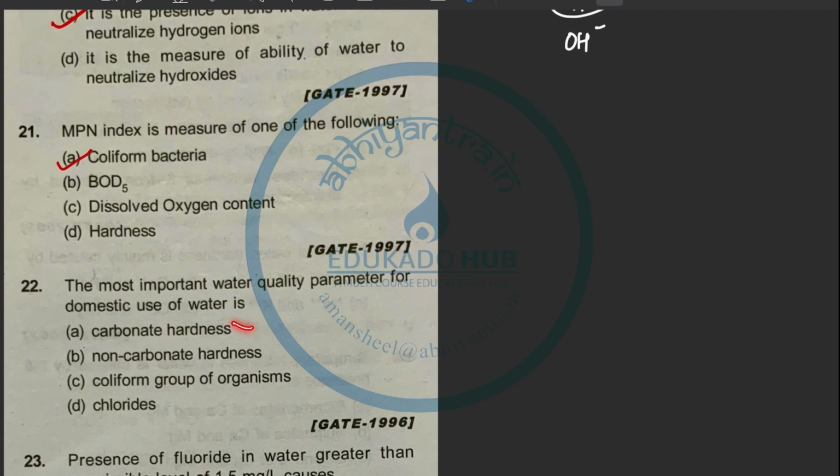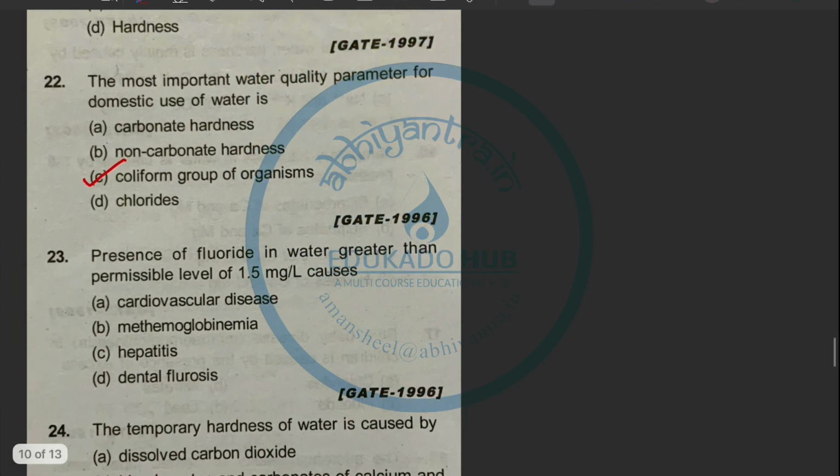Carbonate hardness will not create any immediate result on our health. Non-carbonate as well and chlorides as well. But this coliform group can create harmful diseases in our body. So the coliform group of organism test is very much important. This quality parameter should be taken very seriously.